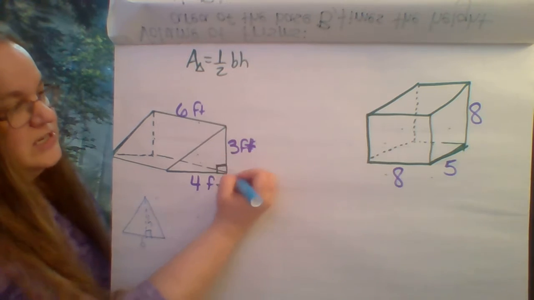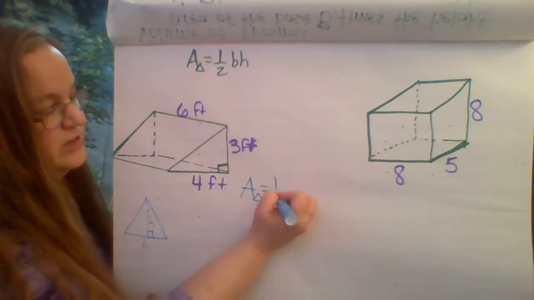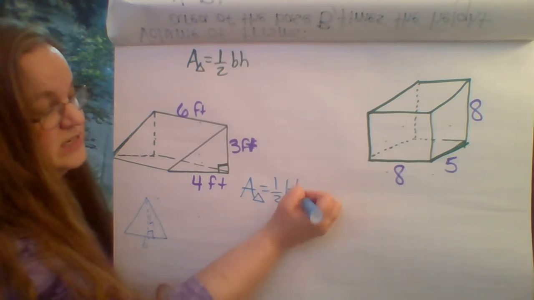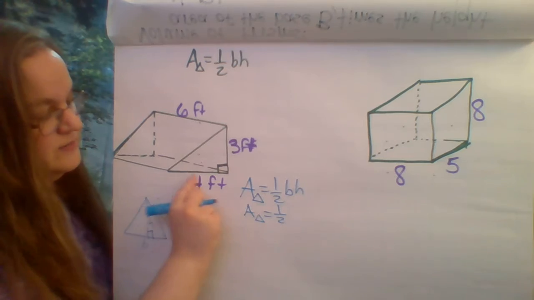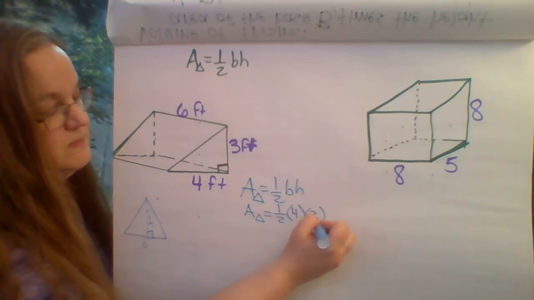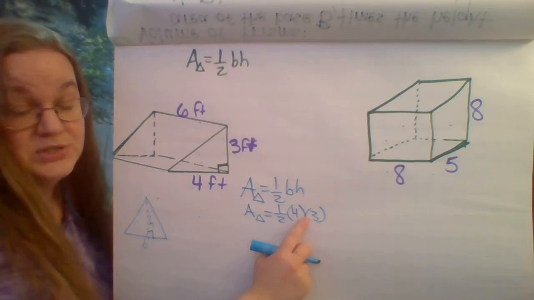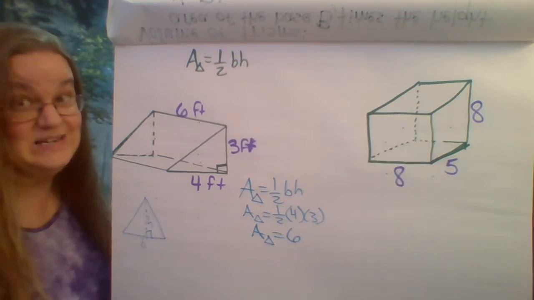Taking this problem, I'm going to start with the area formula for a triangle, 1/2 base times height. The area of my triangle then: I've got 4 and 3, so 1/2 times 4 times 3. Half of 4 is 2, times 3 is 6. So the area of my triangle is 6.